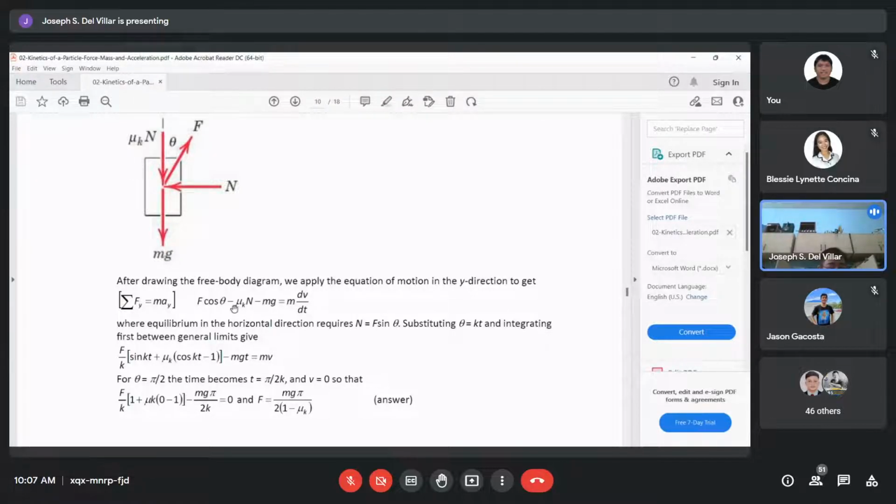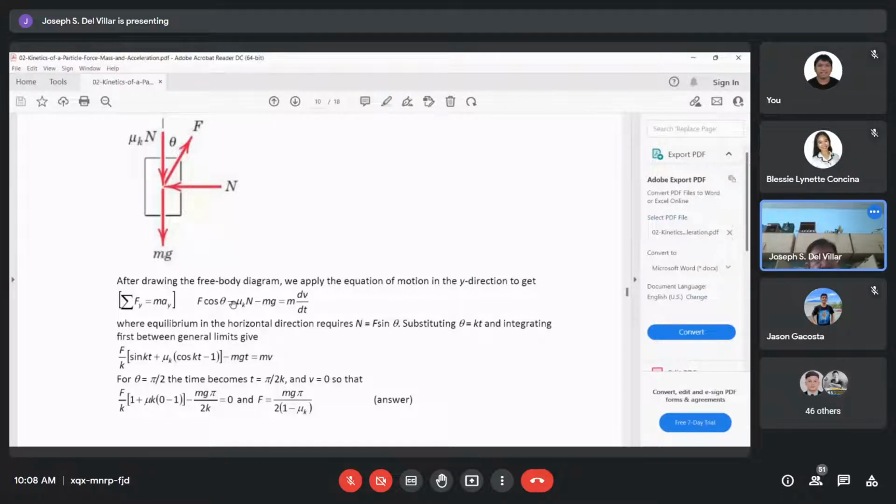So minus. Okay, kaya minus mu k times n minus mg. Bakit minus yung dalawa? Because they are directed vertically downward. Okay? So these three y components or y forces must be equated to m times a sub y.